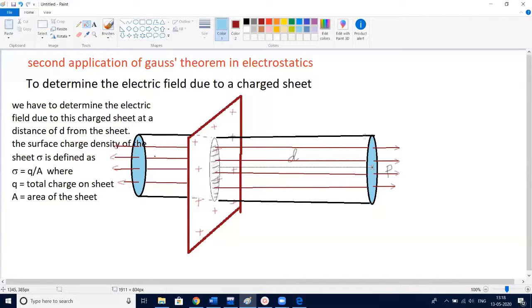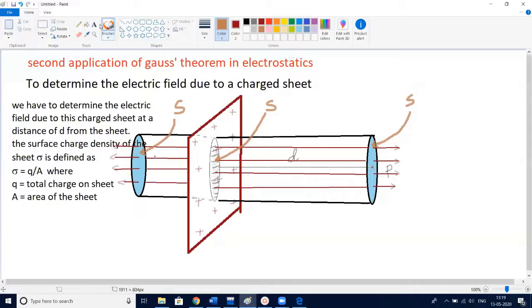Now, let the surface area of each one of these surfaces be A or S. So this surface has surface area S, and this surface will also have surface area S. Similarly, the area of the sheet inside the Gaussian surface, that is this one, will also have an area S. Right? Now we will apply Gauss's theorem.